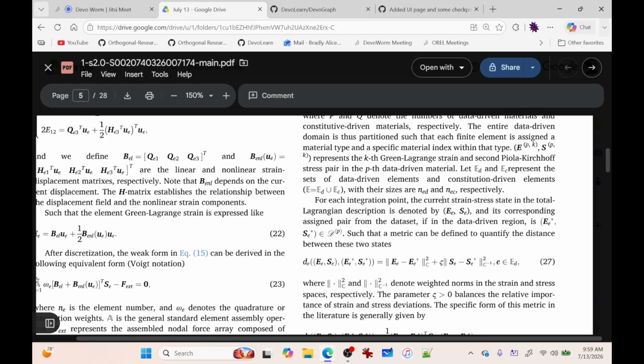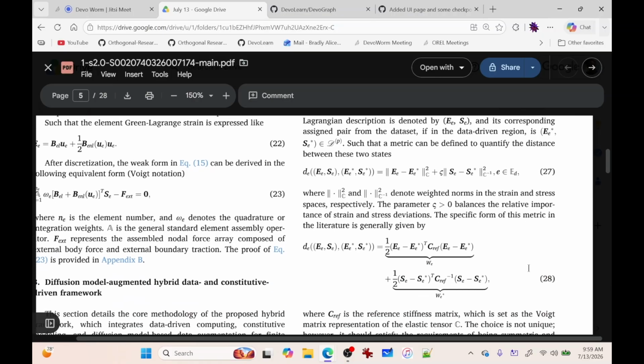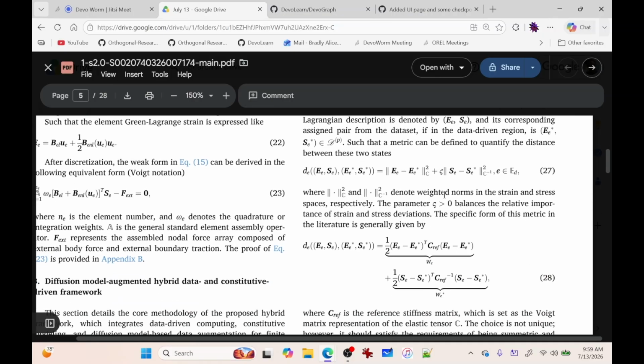For each integration point, the current stress-strain state in the total Lagrangian description is denoted by EE and SE, and its corresponding assigned pairs in the dataset, if in the data-driven region, is this term here, such that a metric can be defined to quantify the distance between the two states. This is the metric here, where we have these weighted norms in the stress and strain spaces, respectively.